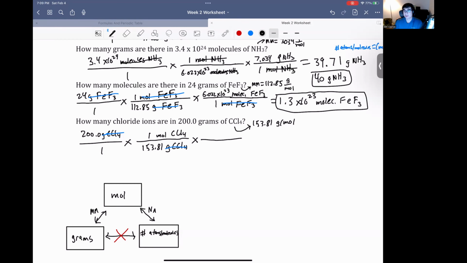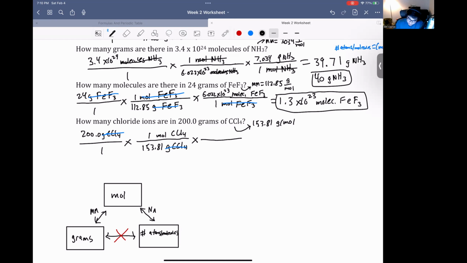However, they're both equivalent ways. For every 1 mole of carbon tetrachloride, you have 4 moles of chloride. I'm going to first convert this into number of atoms or molecules because I think it's conceptually easier for people. But either way works perfectly fine.